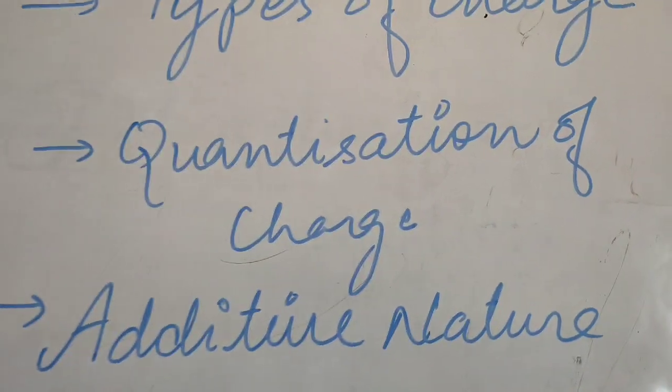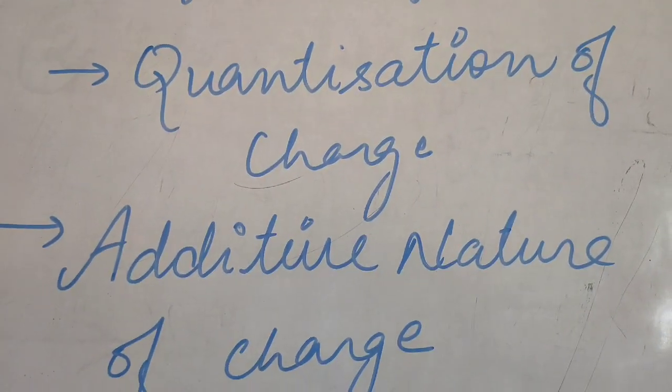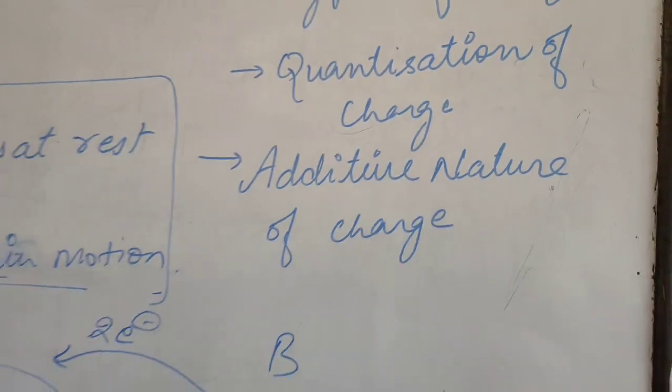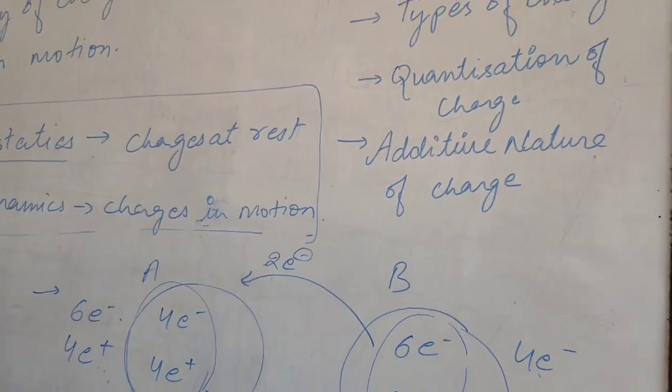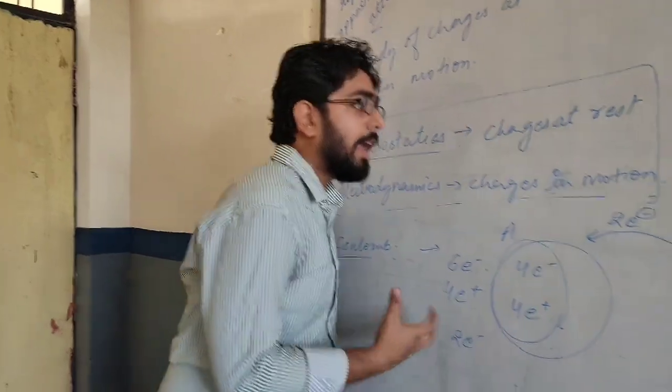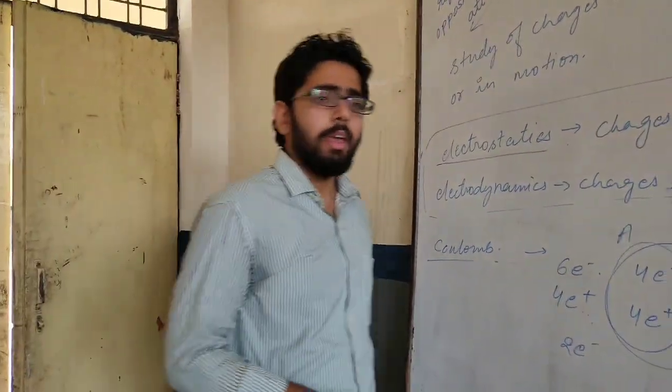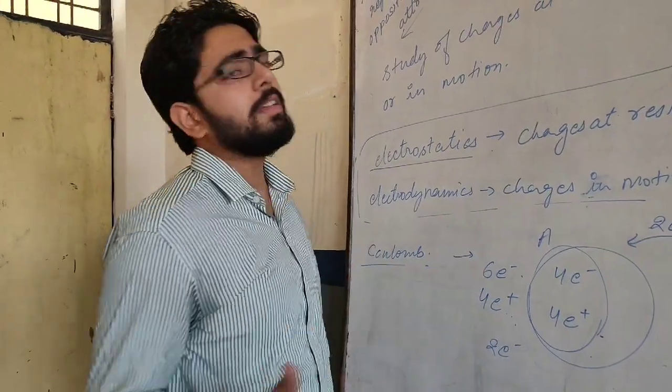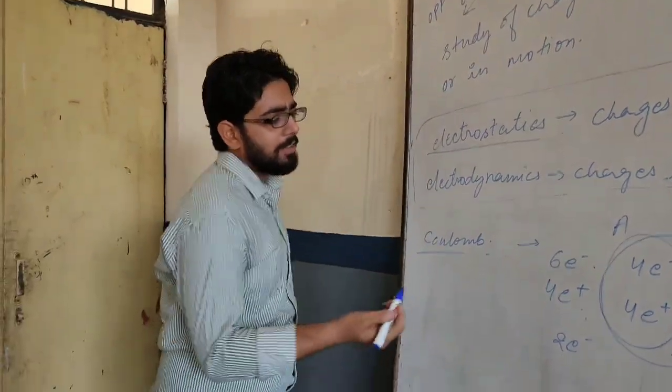Now we are moving to another topic, that is quantization of charge. But before that, we will move to the additive nature of charge. What is the additive nature of charge? It means we can add charges. Simply, we can take the algebraic sum, considering the nature of the charge.